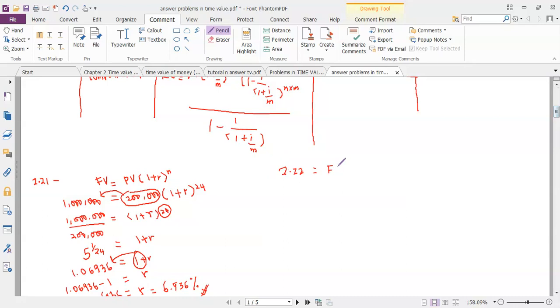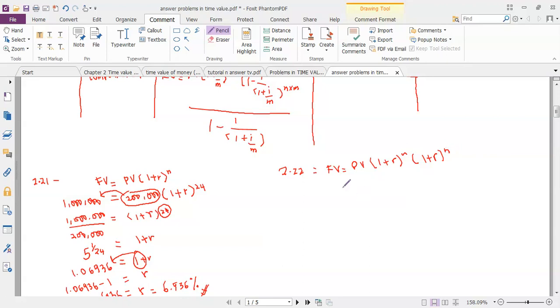FV is equal to PV times 1 plus R to the power of N. Because we have two types of R and two types of N, we must multiply with another 1 plus R to the power of N, like this.